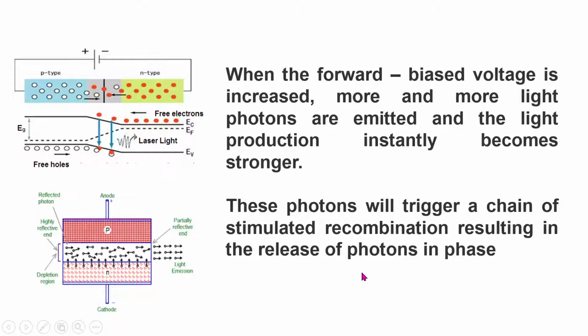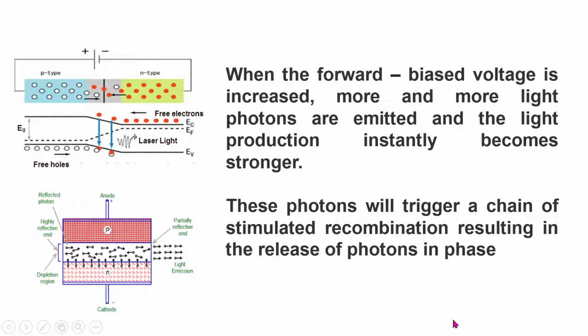When a forward bias voltage is increased, more and more light photons are emitted. So now see here, the amplification will start, and due to that more light photons are emitted and the light production instantly becomes stronger.